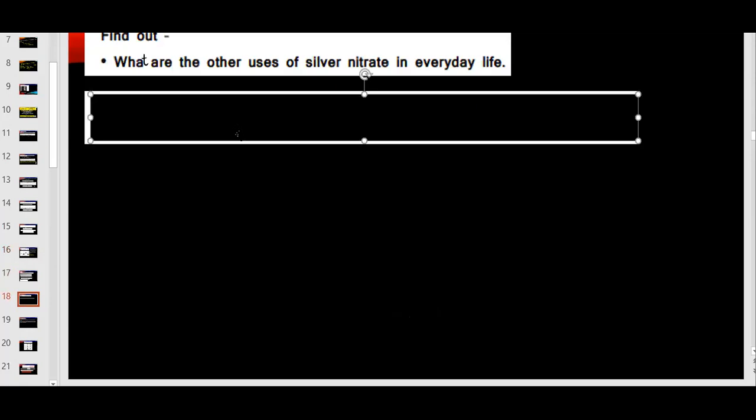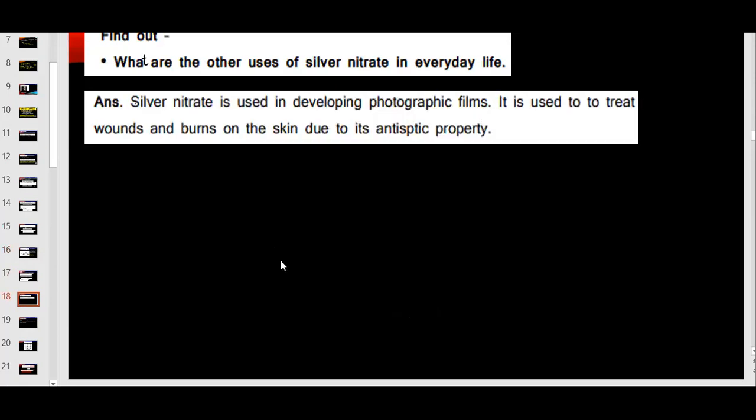Okay, so the answer is silver nitrate is used in developing photographic films. It is also used to treat wounds and burns on the skin due to its antiseptic property. It has an antiseptic property, so we can use it on wounds and burns on the skin also.